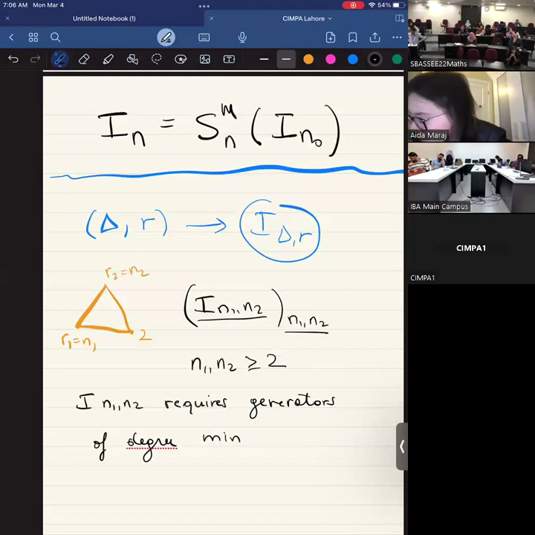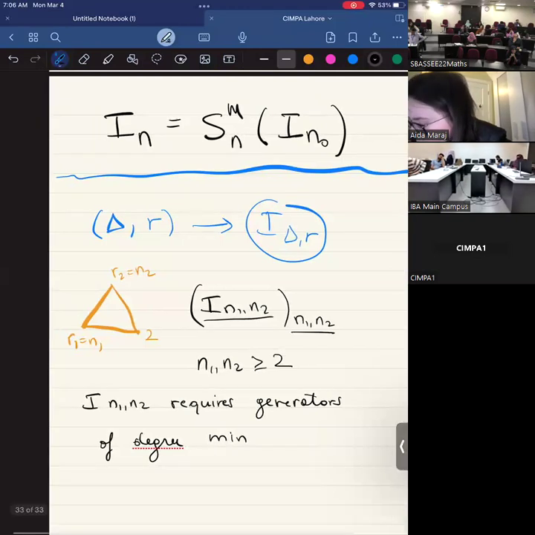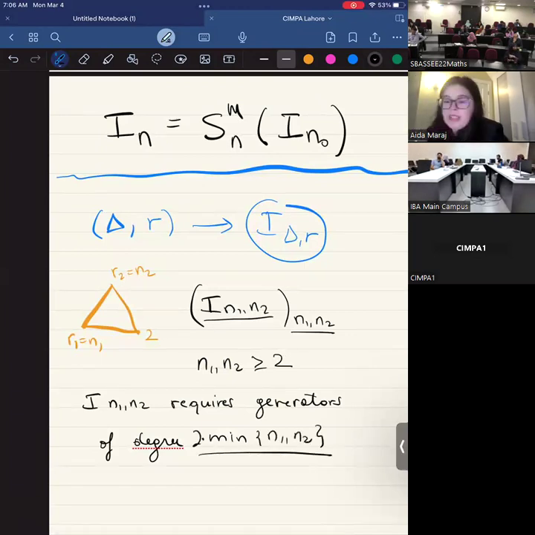When N1 and N2 both increase, the minimum also increases. So every time I increase N1 and N2, I need generators of degree 2 more. That's the main idea on why this does not stabilize.